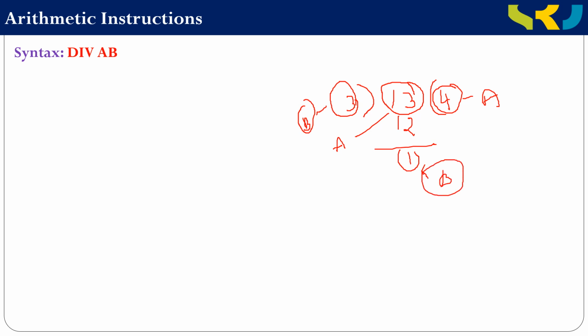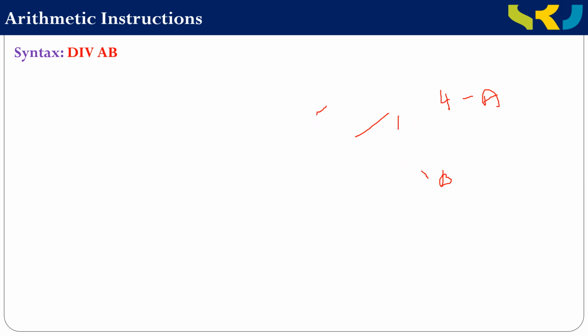In this way, the 8051 microcontroller performs the division operation. And one more important thing, when you attempt to divide by 0, the overflow flag will be set to 1. So this is the operation of the division instruction of the 8051 microcontroller.